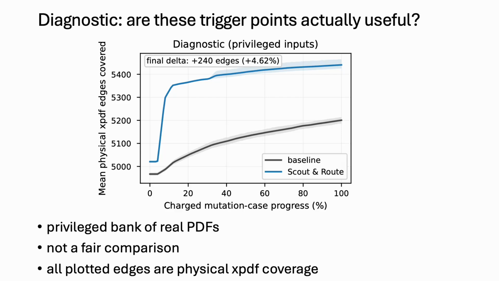To figure out which of these two is the dominant effect, I did a controlled experiment where I created a version of Scout and Route that has access to known good quality seeds.